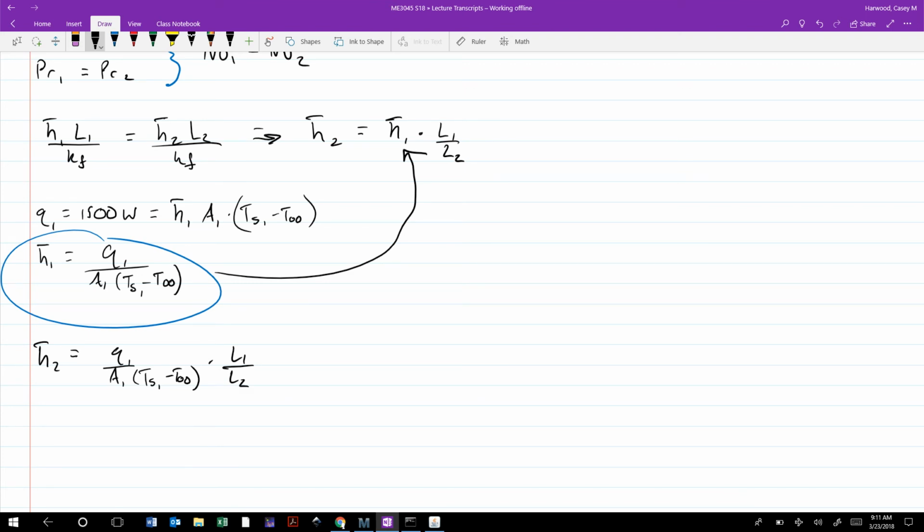And finally, one last step. What we're looking for is Q2. Just like we used Newton's law of cooling up here to back h bar 1 out from Q1, if we're looking for Q2, let's just run it the other way. So Q2 is equal to h bar 2 times A2 times TS2 minus T infinity, and we substitute this in for h bar 2.